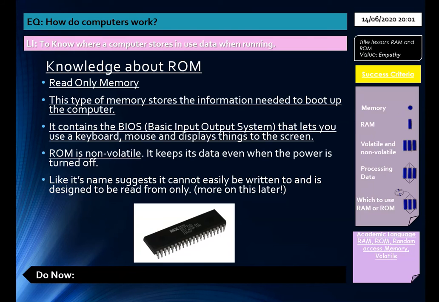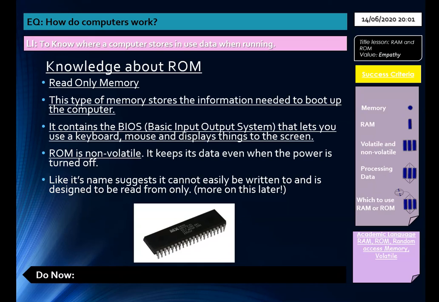Without ROM, you couldn't have anything work, nothing would load up. Like its name suggests, it cannot easily be written to and is designed to be read from only. More on this later. Read-only memory.